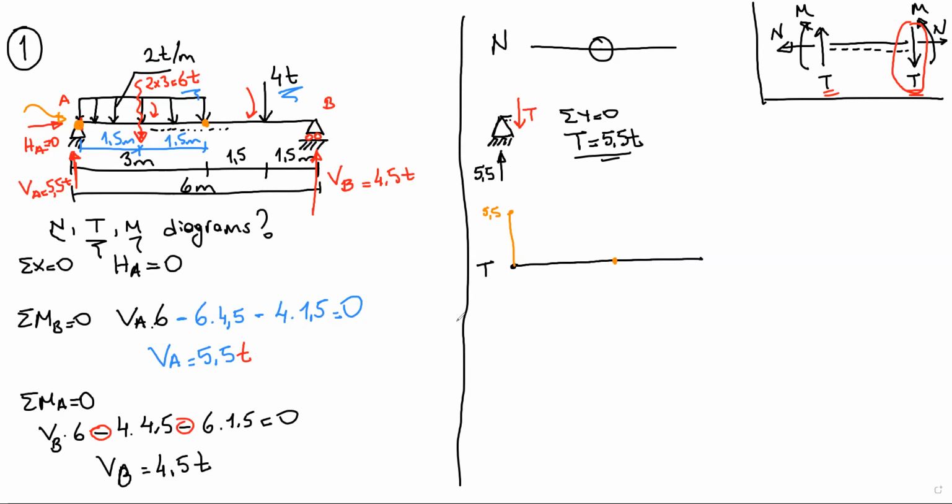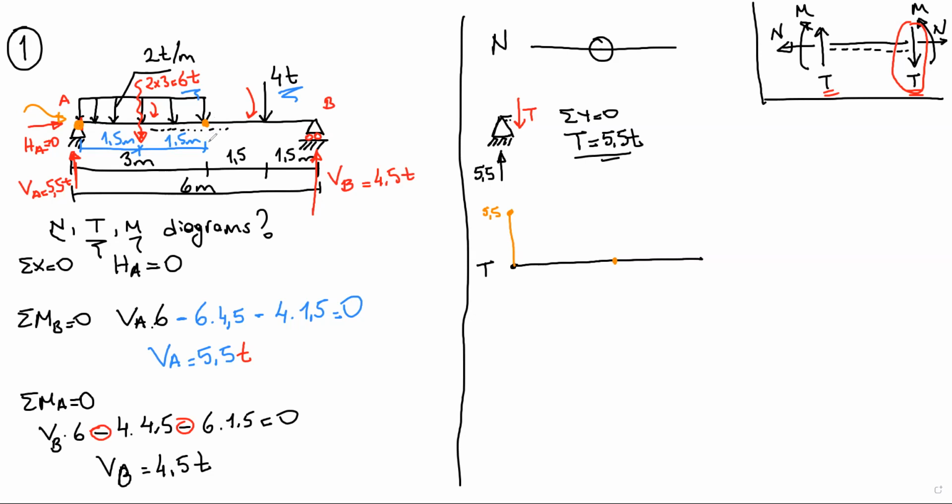Okay, we know that. And what we know more, if we know the shear force at one point, to go to another point, we subtract the external forces from the first shear force. So what I have here, my start shear force is 5.5. Let's have a look at the uniform distributed load.